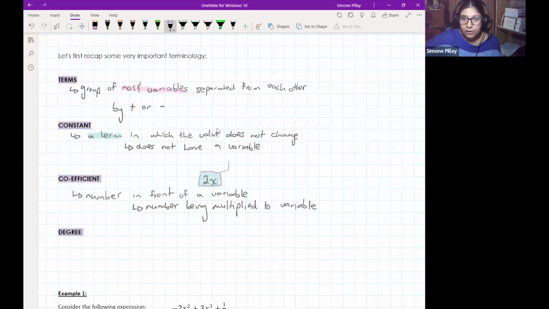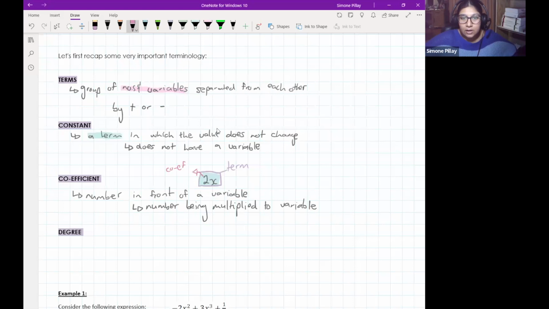This whole thing is one term that consists of a number, which is 2, and a variable, which is x. What I'm saying is that my coefficient is going to be the number that is being multiplied to the variable in one term. So within this term, 2 is not a constant. 2 is what we call the coefficient.